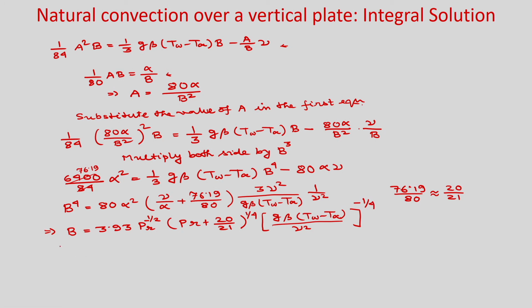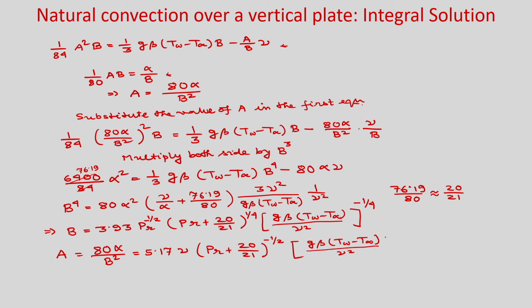Now you will be able to find the value of a as 80 alpha by b square. So, b value you substitute and rearrange, you will get 5.17 nu, Prandtl number plus 20 by 21 to the power minus half, g beta (T w minus T infinity) divided by nu square to the power half.